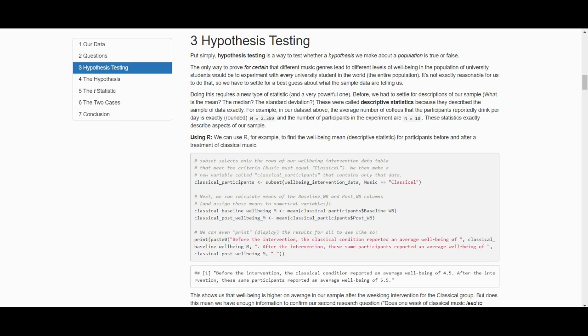So doing this kind of research where we make inferences about the population from the sample requires a new type of statistic. And it's a very powerful one. Before, we had to settle for descriptions of our sample. What is the mean, the median, the standard deviation? These are called descriptive statistics because they describe the sample data exactly.